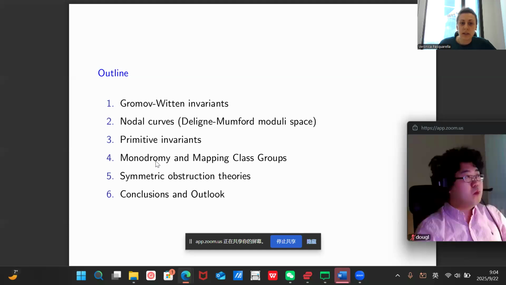Then I'm going to specify the analysis from a geometric group theory point of view, in particular from the monodromy and mapping class groups. And then I'm going to go back to algebraic geometry by means of the construction of symmetric obstruction theories, and why these are important to consider together with geometric group theory and laminations appearing on manifolds. And then I'm going to conclude and give you some outlook on future directions.